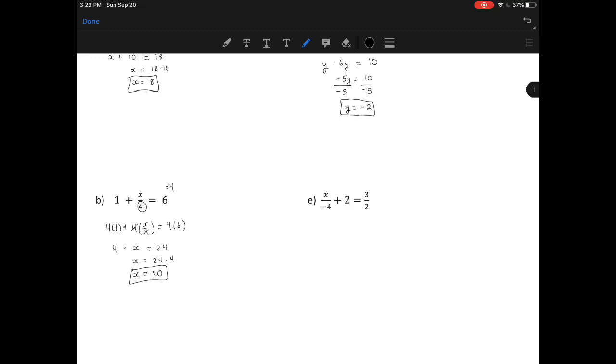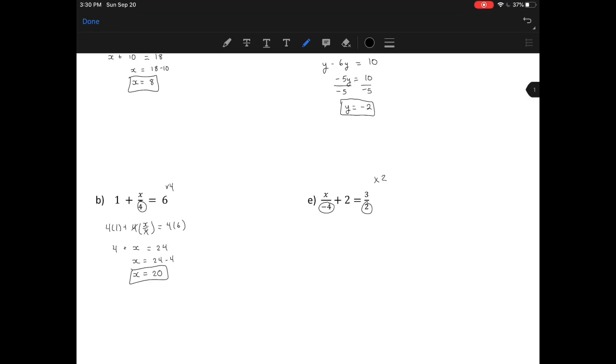Now in the last example here, we have multiple fractions. So we have to find a number that's going to eliminate both fractions. If I multiply the whole thing by 2, because we have a 2 here, well, this first fraction has a denominator of negative 4. So 2 is not going to get rid of that denominator.